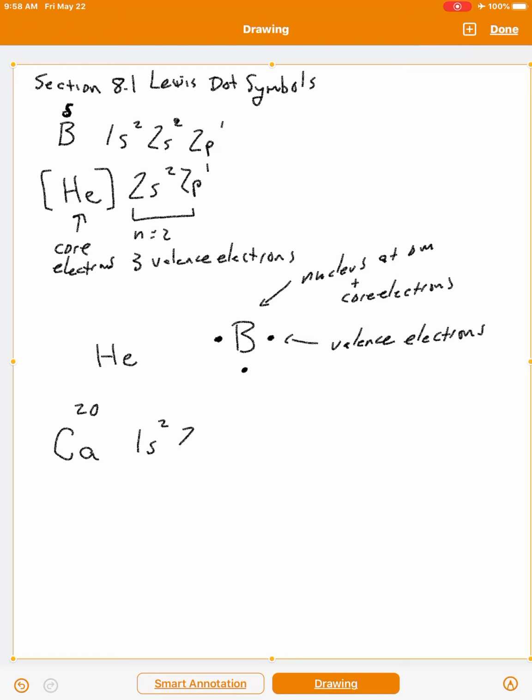I'm going to go through this whole thing, but as you practice these, you get better and better at doing them quickly. 20 electrons, right? 2, 4, 10, 12, 18, 20. Calcium didn't quite get into the 3d subshell. Now, let's first identify which are the core electrons and which are the valence electrons.